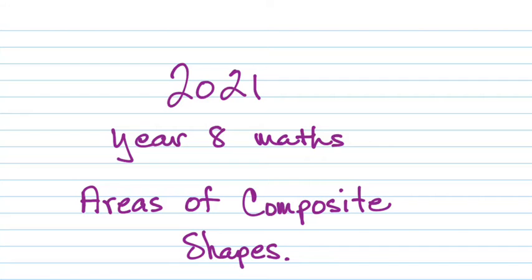All right, so today we're going to continue our look at areas of shapes, but this time we're going to look at what are called composite shapes, whatever you prefer the pronunciation.